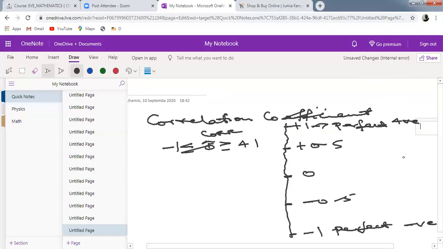If, for example, I am talking about fertilizer and harvest, if I double the fertilizer, then the harvest should also double. For example, if I was applying maybe 10 kg of fertilizer and I was harvesting 3 bags, and then now I increase my fertilizer from 10 to 20, then the harvest also increases from 3 to 6.